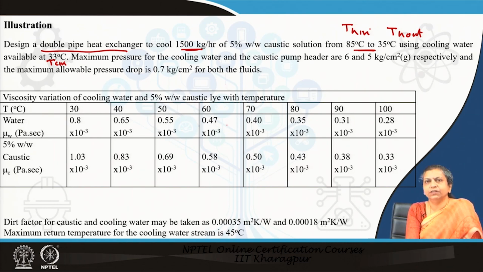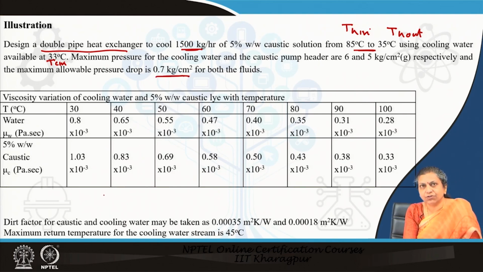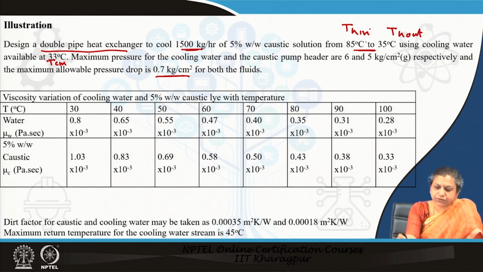By convention, we are going to specify that as the inner fluid, and then you need to check whether the pressure drop lies within the specified limit or not. If it does not, then you have to look for certain other options. Now, naturally, when you have to do this, you know that 3 temperatures are given and one particular flow rate is given, right? The other flow rate is not given.